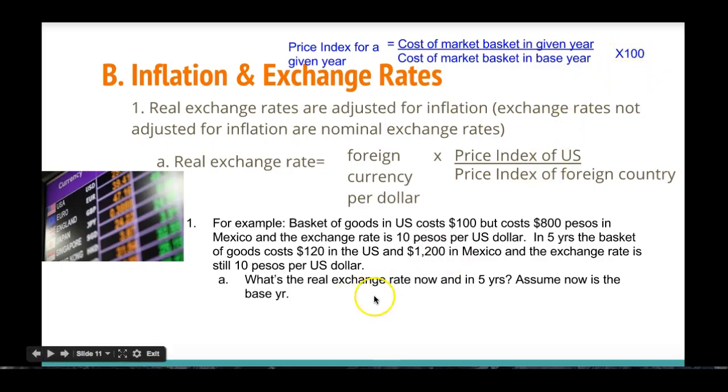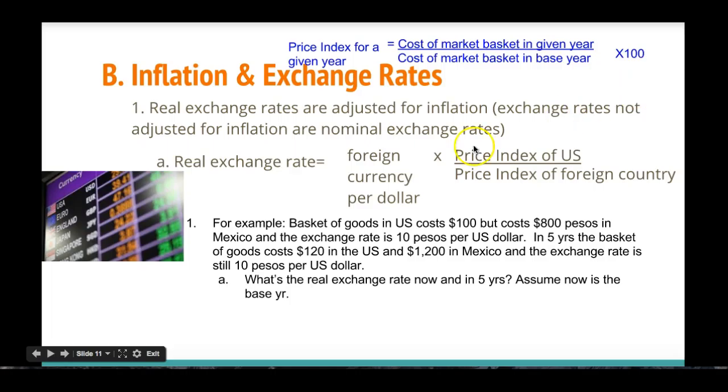So for the United States, we're looking at the cost of the market basket now, which is $100, and the base year is $100. So 100 divided by 100, because now is the base year, times 100 gives you 100, right?